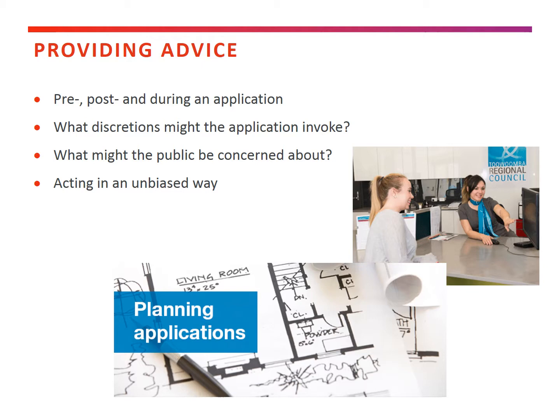So this is where they need to be careful about what they say, be very careful about not weighing into something on social media, be very careful to not just be biased, but not to give people a reason to think that they might be biased when they're not. So this is where it can be tricky, and planners need to bear in mind their role and the restrictions on their role.